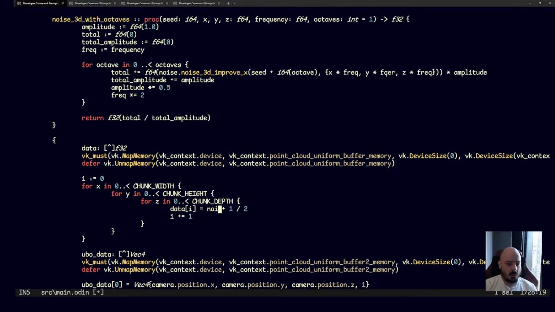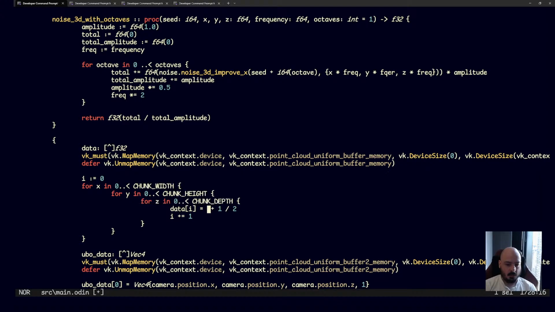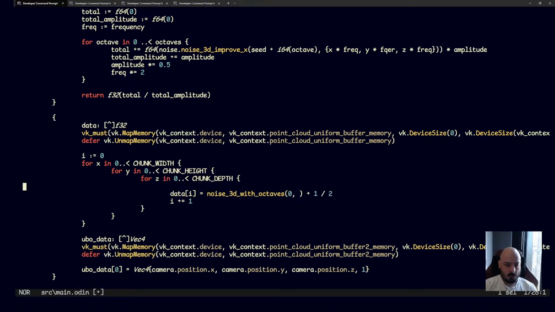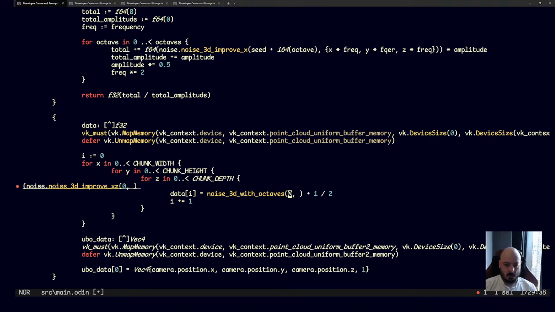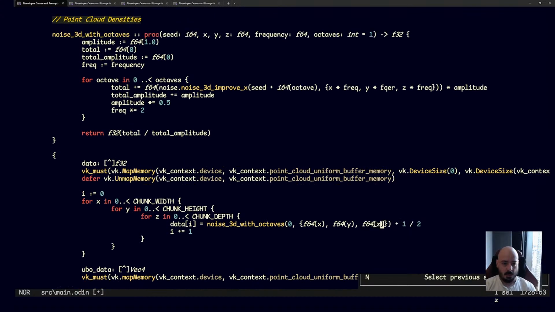Noise 3D with octaves. So the seed we're just going to say 0, XYZ is going to be... Oh, why did I delete that? Whoops. And we need to pass in what amplitude, frequency, and octaves.